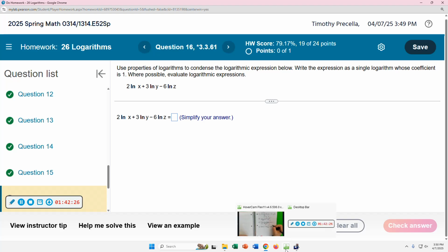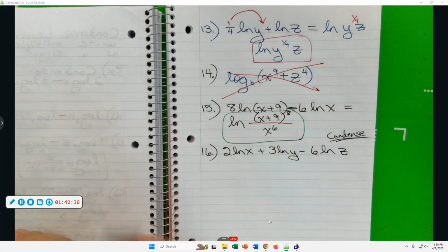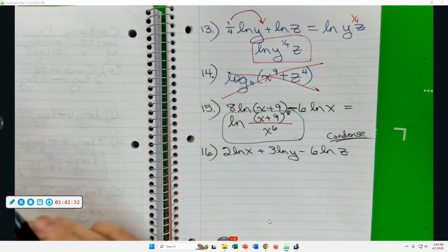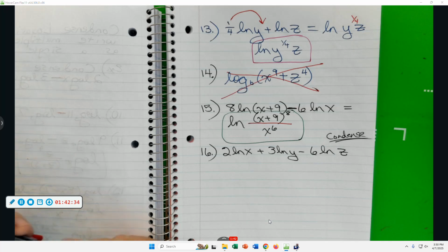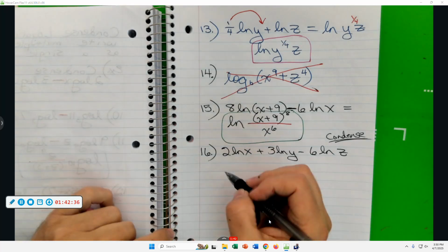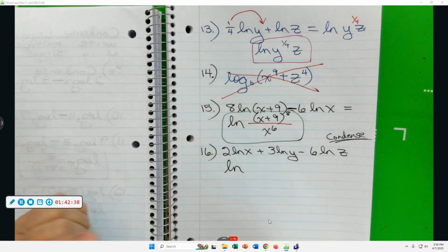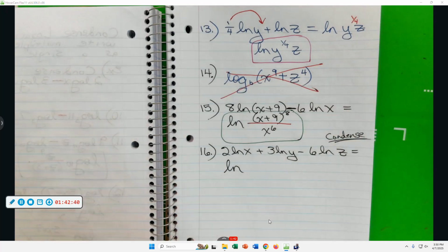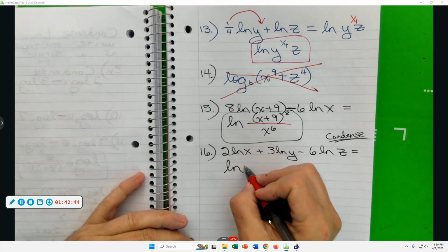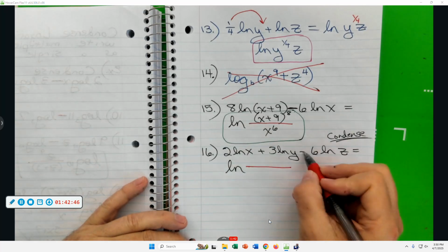That's what we've been doing on this whole page. And if it doesn't say condense, it'll say write as a single logarithm. I write my ln. Do I need a fraction bar? Yes, because of the minus right there.